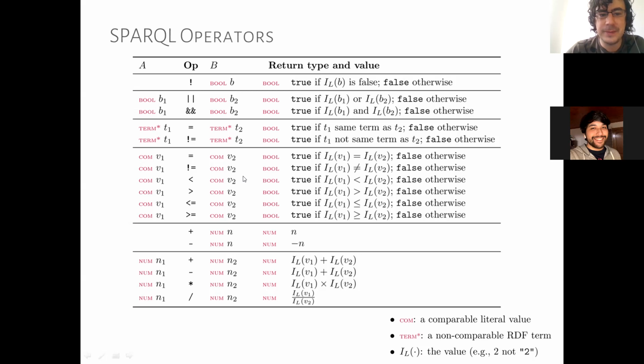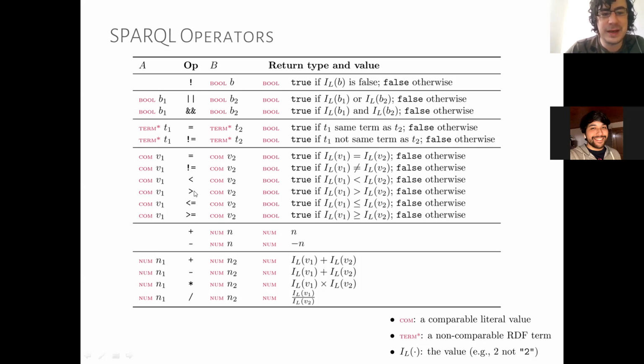Here, this means comparable. These are essentially certain types that we can compare. These would be things like numbers, booleans, strings, and so forth. There are things that we can't compare, like blank nodes. We can't write, is this blank node equal to this other blank node, because the labels of blank nodes don't matter, but most things we can compare.